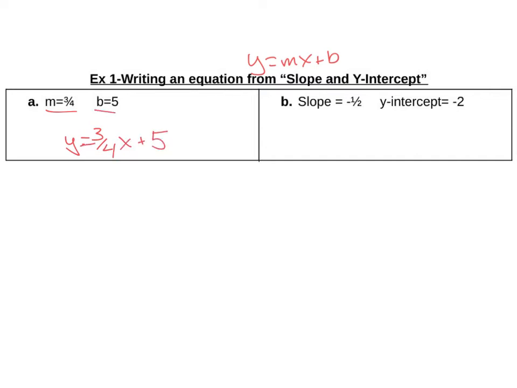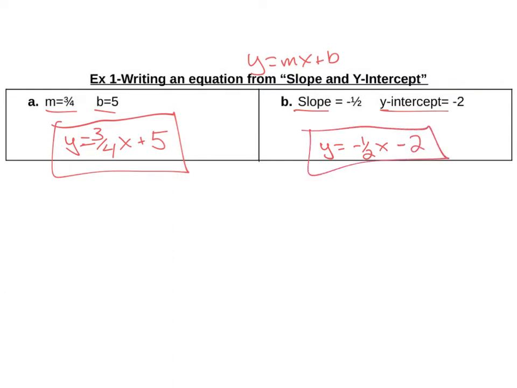So if we are looking at just writing an equation, that is all we're doing. You may see them rewritten out as slope and y-intercept. Well, the same deal. What was your slope? What was your y-intercept? So if this is plus and negative 2, we're just going to say minus, and we're done.